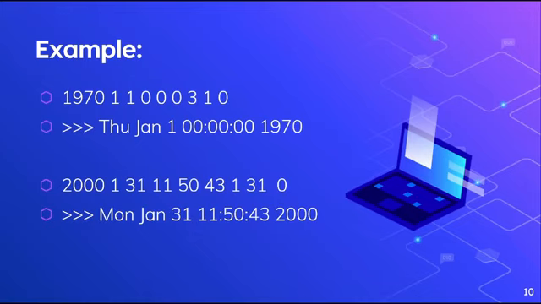Hence, this can be translated to a string reading as Thursday, January 1, 12 a.m. in 1970. Basically, the tuples for time are just a way of ordering the values for any given specific moment in time.